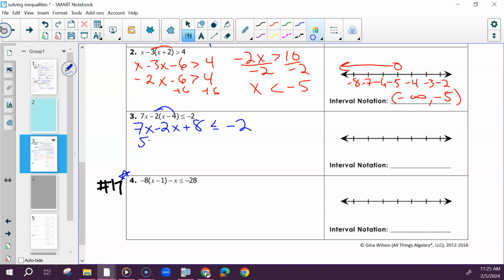Combine our like terms. Get rid of 8 by subtracting. When we divide both sides by 5, is the sign going to change? No.